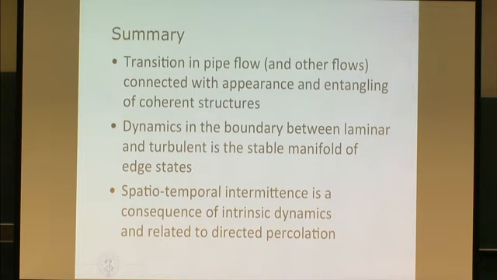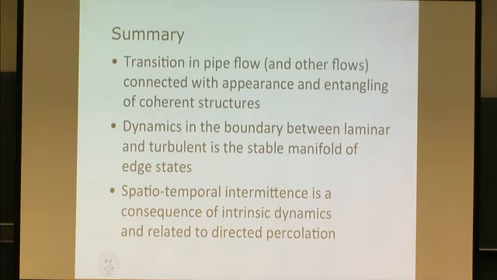To sum up the insights we've gained about this transition to turbulence in pipe flow and other shear flows: we do need these coherent structures. They are essential before we can get anything turbulent, and we have to find them, and they're all there in all these systems, and we have to look at their entangling.